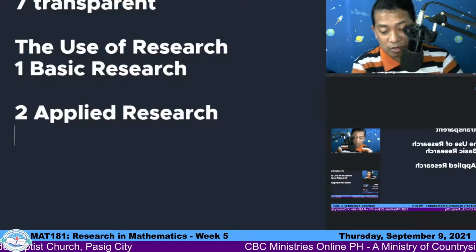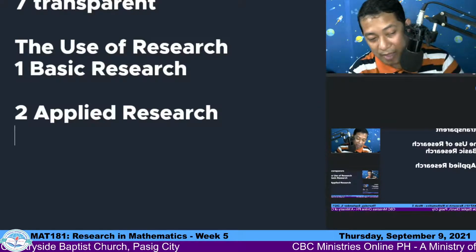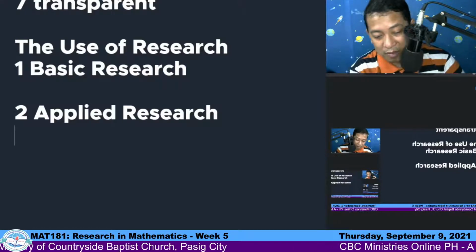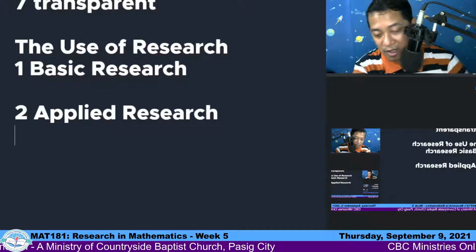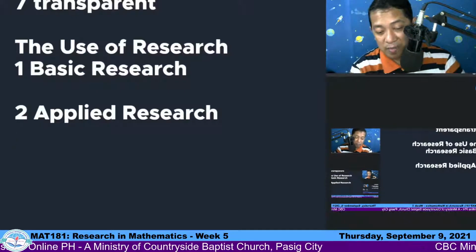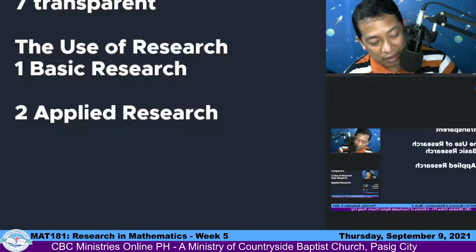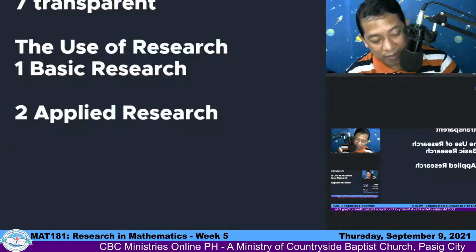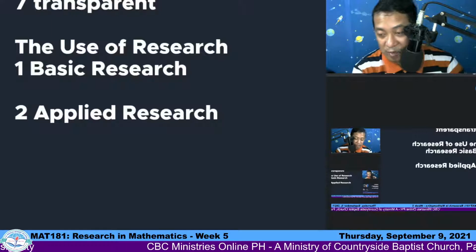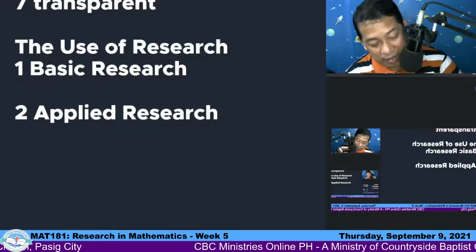You have already the theory that will back you up. You have the conceptual framework, the theoretical framework that will be the foundation of your research. So, yan po yan. Research to solve problems. No? So, this is more of an immediate problem solving.